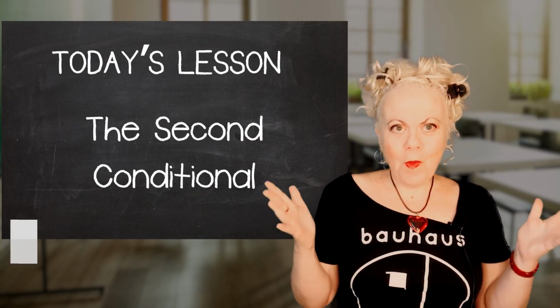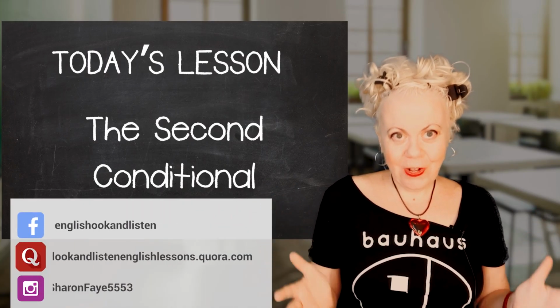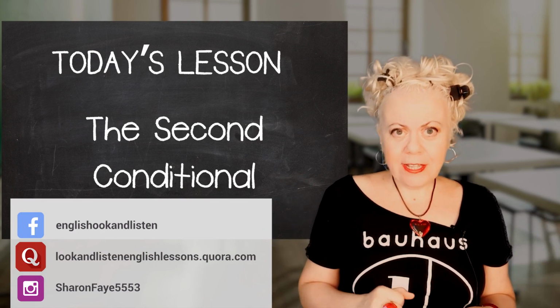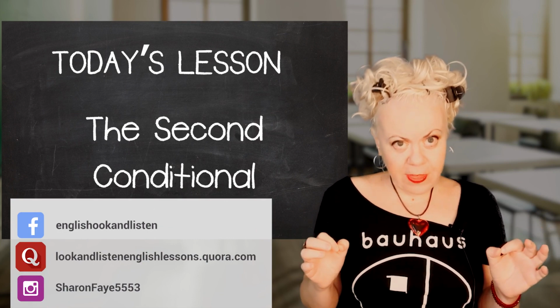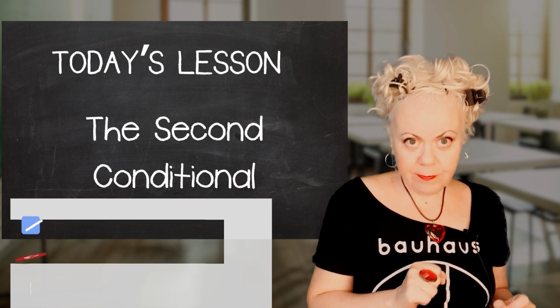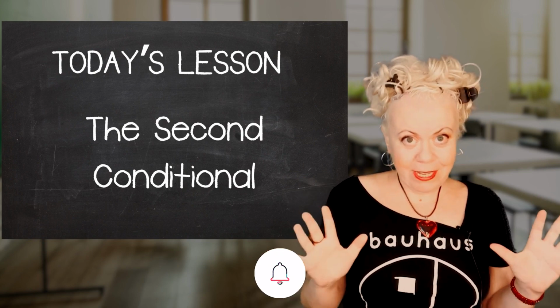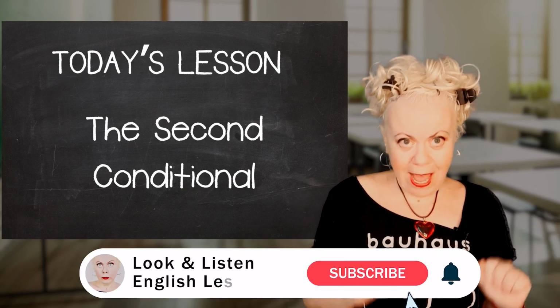All right, so what is the second conditional and when do we use it? We use the second conditional to express something that is unrealistic, something that didn't happen, isn't happening, and most likely won't happen.